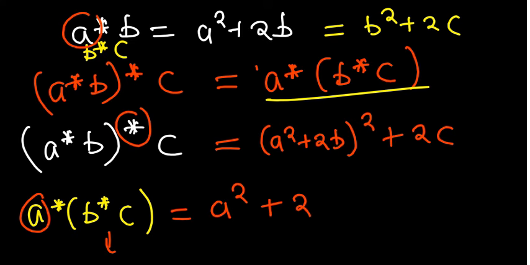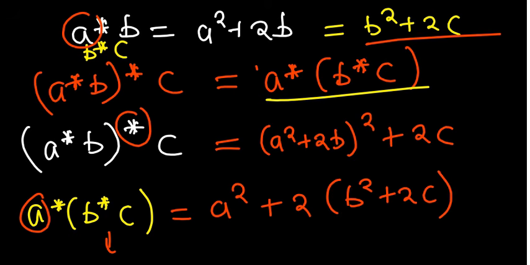And then where there is b, we are putting b star c, which is equal to b squared plus 2c. So the question at hand is, are these matching up? Are they the same? Clearly we can see that they are not the same. So since this is also not true, the binary operation is not associative.